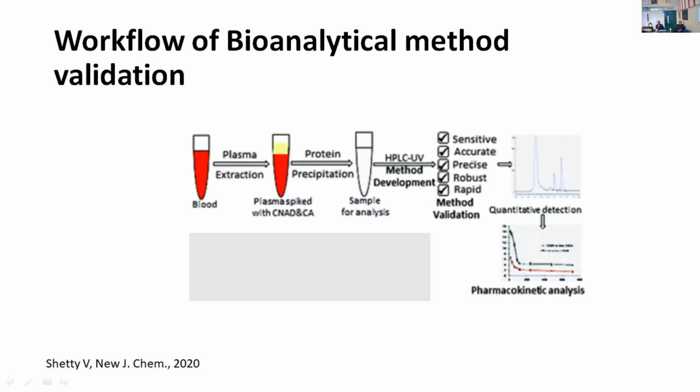Then comes the process of validation. These are all the parameters which need to be undertaken in steps, and we will go into detail on these steps in further slides. After this validation, we can proceed to conducting any study, like a bioequivalence study, or a simple pharmacokinetic study of a particular drug.